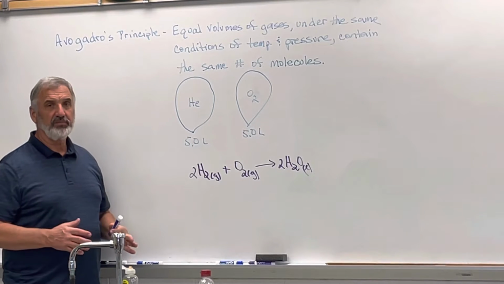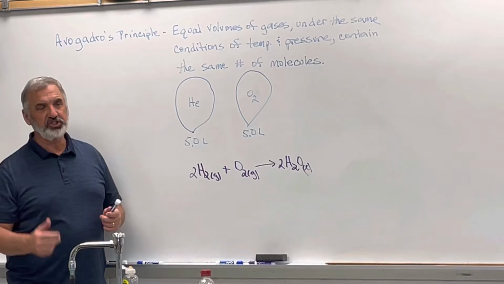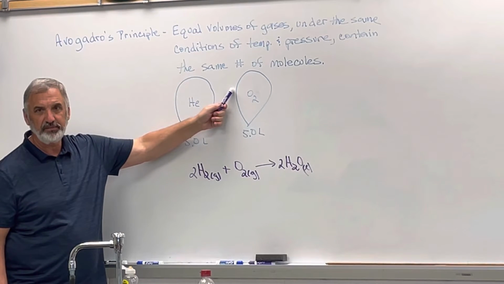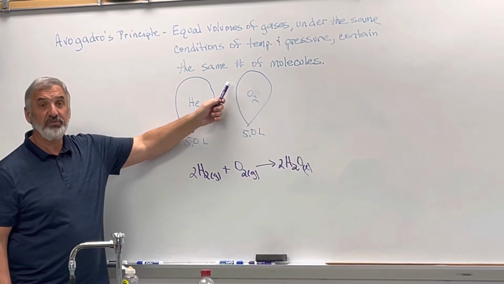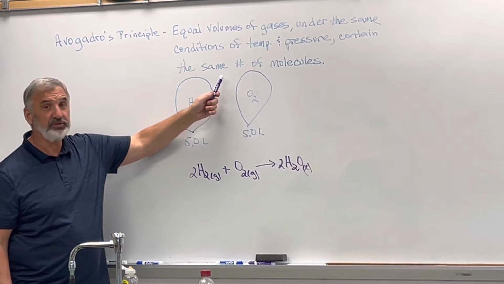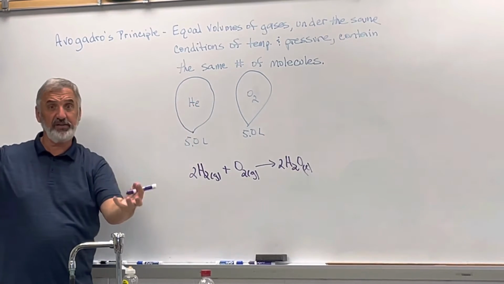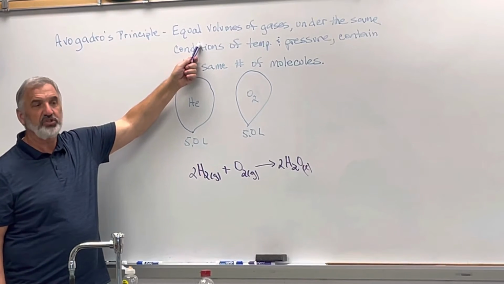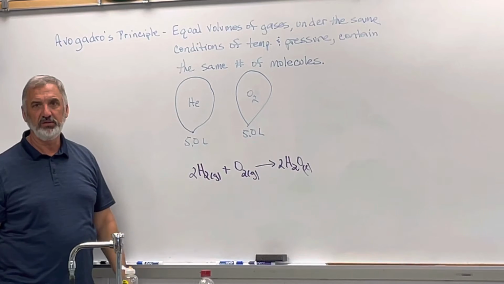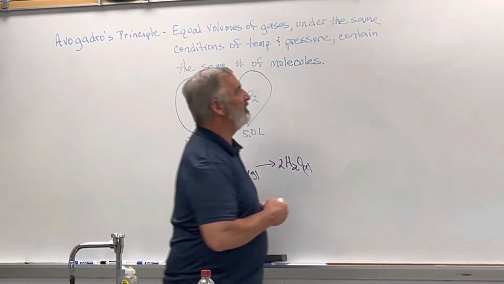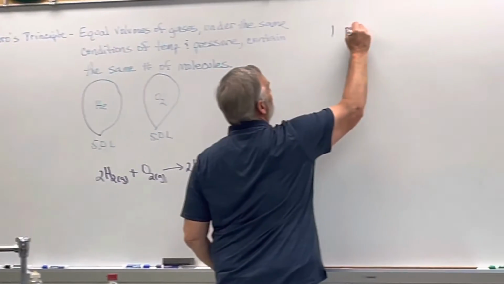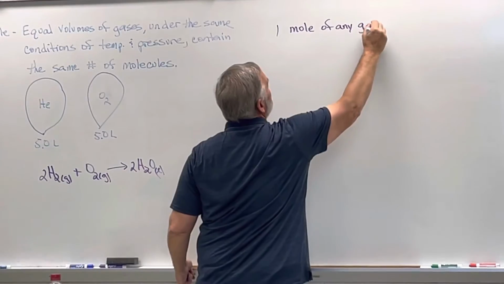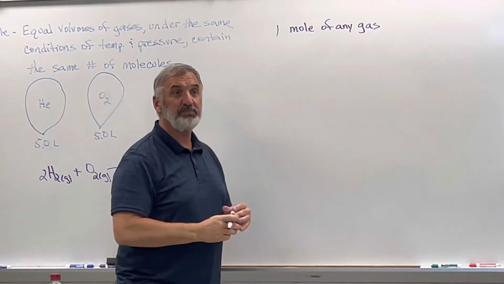Now, if I say it in reverse, if equal volumes contain the same number of molecules, what about the same number of molecules? What's that going to mean? If I have the same number of molecules of A and B, they have the same volume. So what if I have 1 mole? If I have 1 mole of any gas, well, I have to specify the conditions.